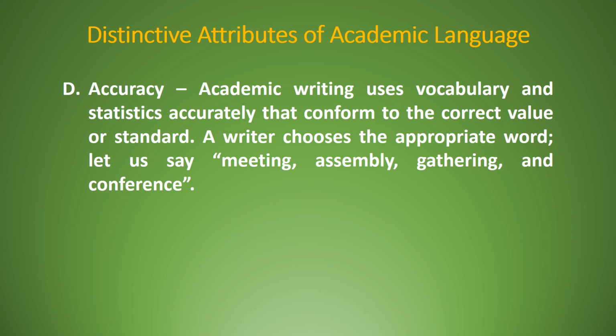Then we have here the so-called accuracy. Academic writing uses vocabulary and statistics accurately that conform to correct value or standard. A writer chooses the appropriate word, let's just say meeting, assembly, gathering, and conference. As you can see, these words are almost the same, so these are incorrect value.